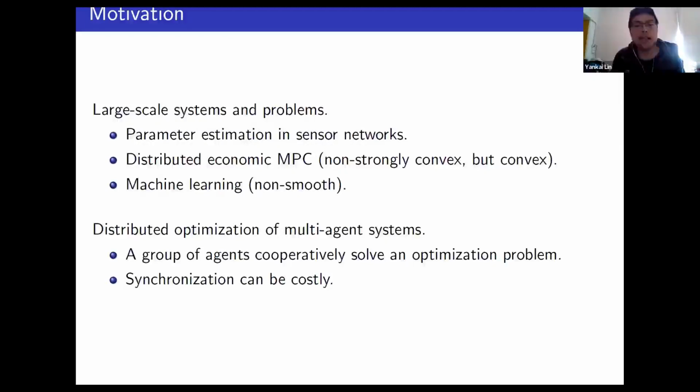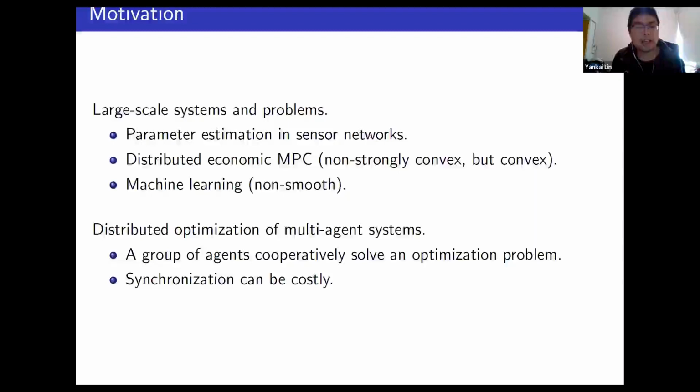And in distributed MPC, especially in economic MPC, you may have cost functions that are not strongly convex, but are convex, which is handled in our work. Particularly different from other work is that we do not make assumptions like strongly convex cost functions like most works in the current literature. We only assume convexity of the cost function.